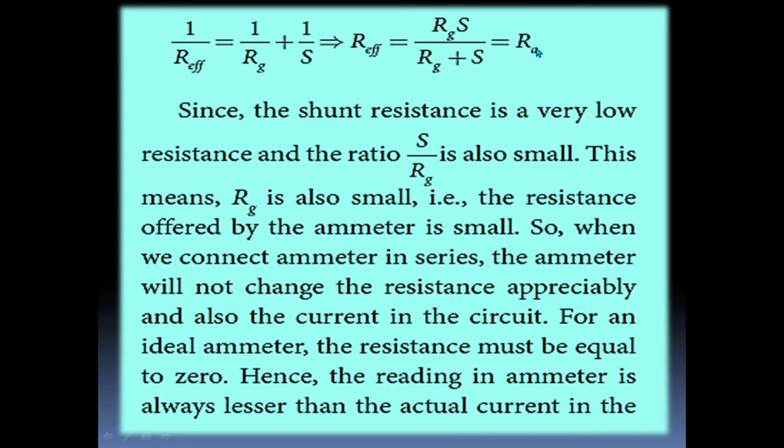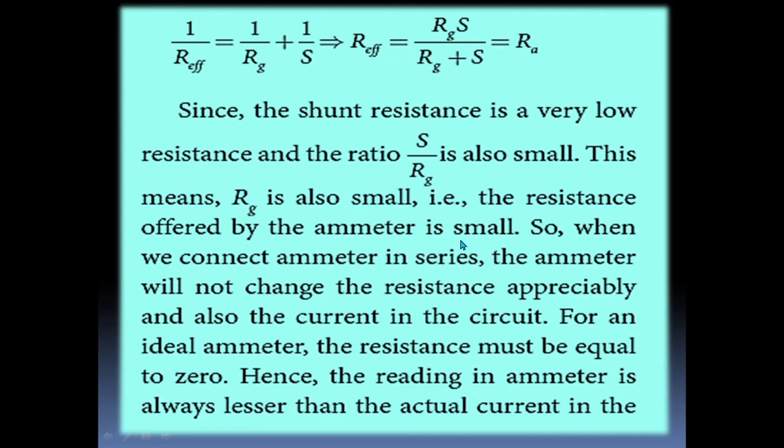Ra means ammeter resistance. The shunt resistance is very low, so the ratio S by Rg is also small. That is, the resistance offered by the ammeter is small.